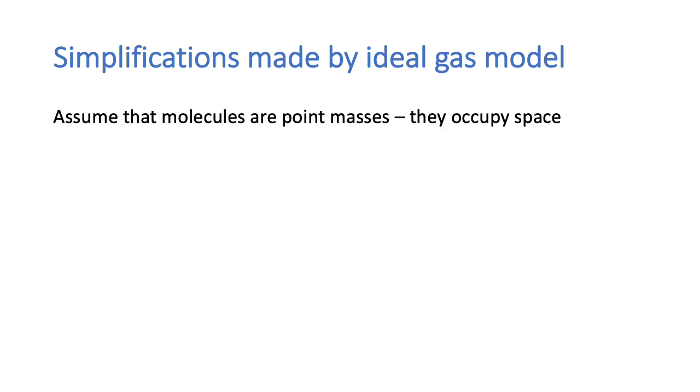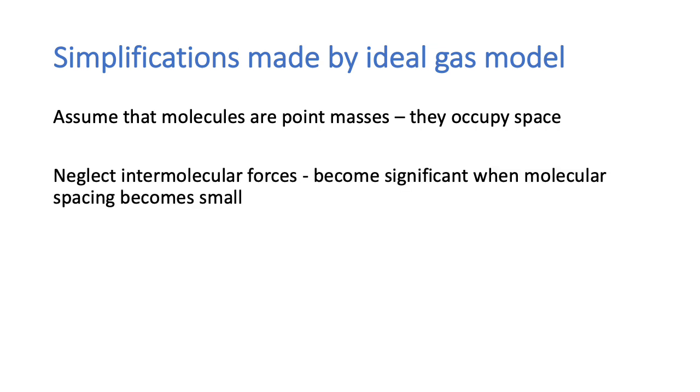First of all, in the model we assume that molecules are point masses, but in reality they actually occupy some space. Next, we neglect intermolecular forces, but these become significant when the molecular spacing becomes small. This happens when we have high pressure or when we have low temperature.